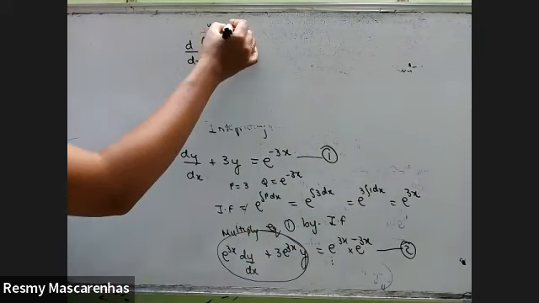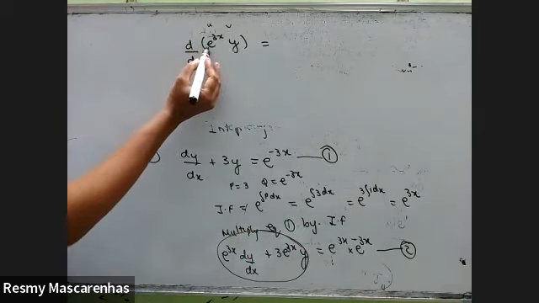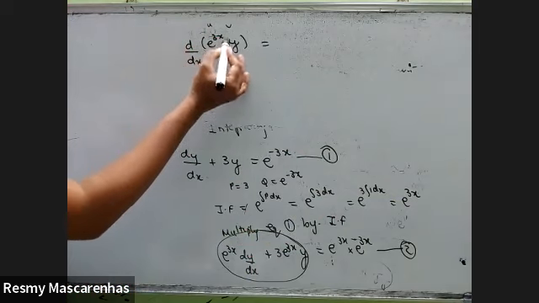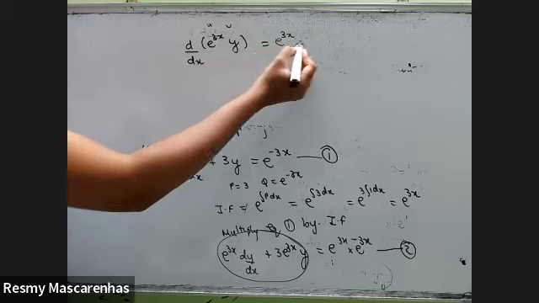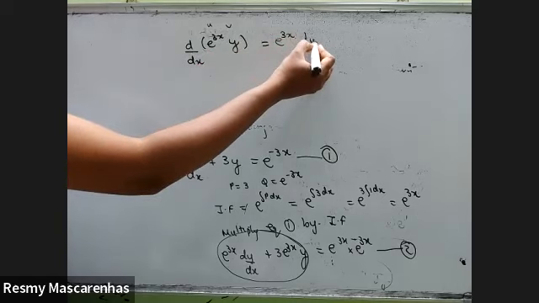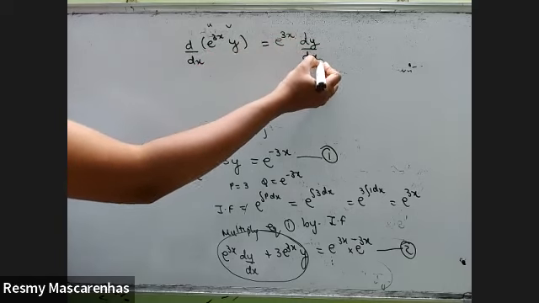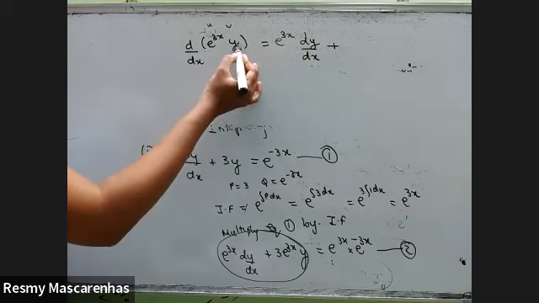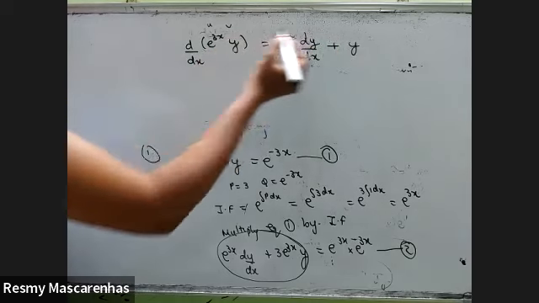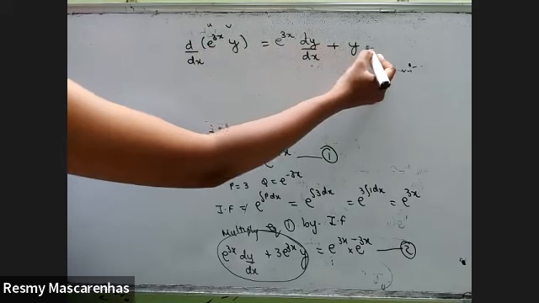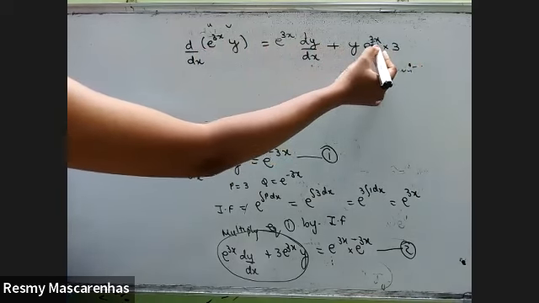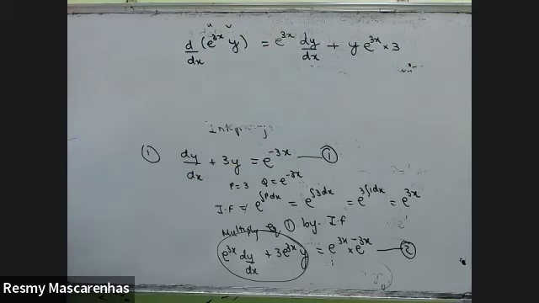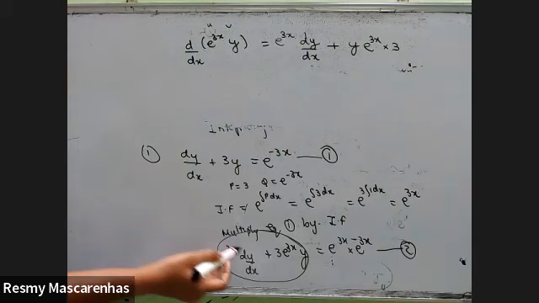This is the u into v rule. So the derivative of this into this is u, we copy as it is. What is the derivative of y with respect to x? dy by dx, plus y into the derivative of e raised to 3x. The derivative of e raised to x is e raised to x only, into 3. If you see, isn't it the same thing?